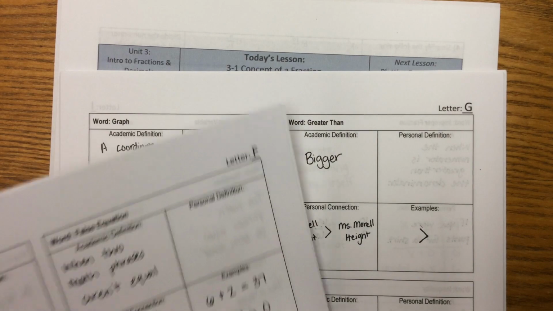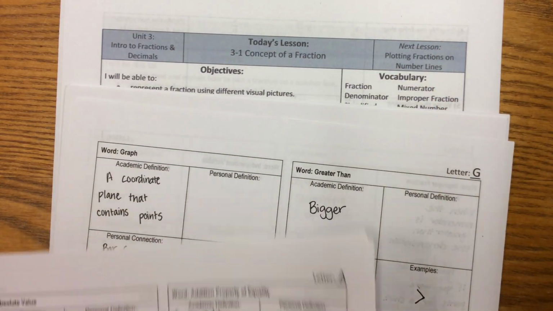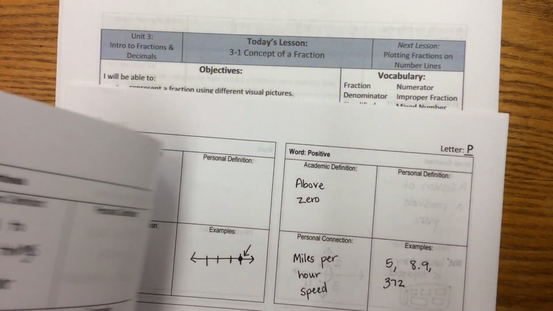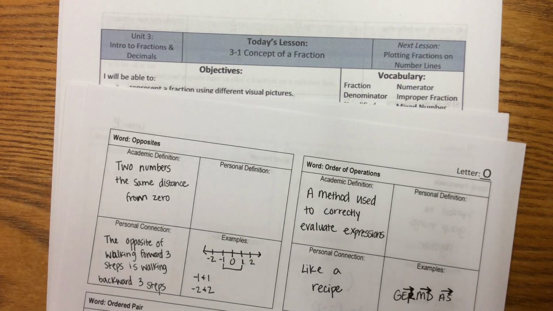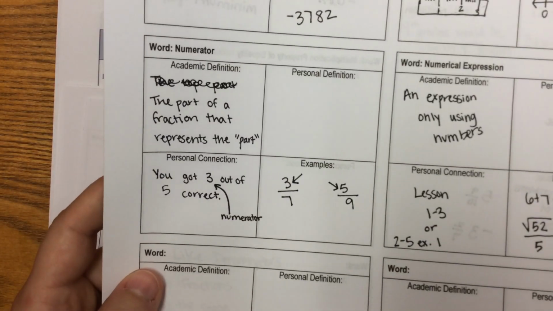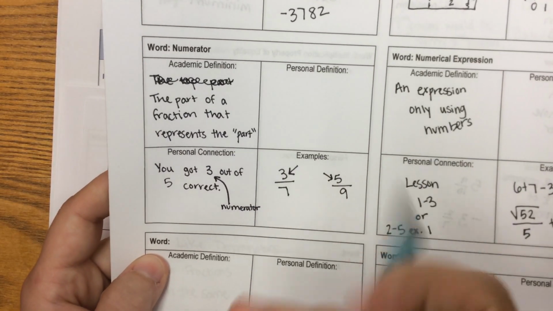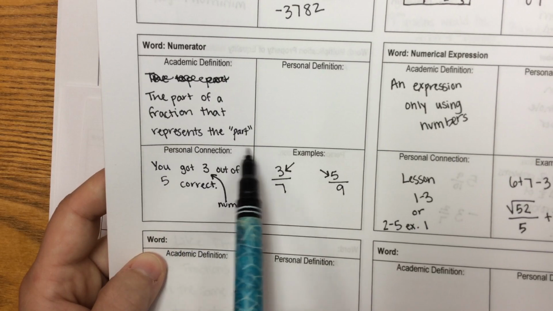Okay, next word is going to be a numerator. So that's N. So N is on page 12. So on page 12, we're on N. So numerator is the part of a fraction that represents the part.